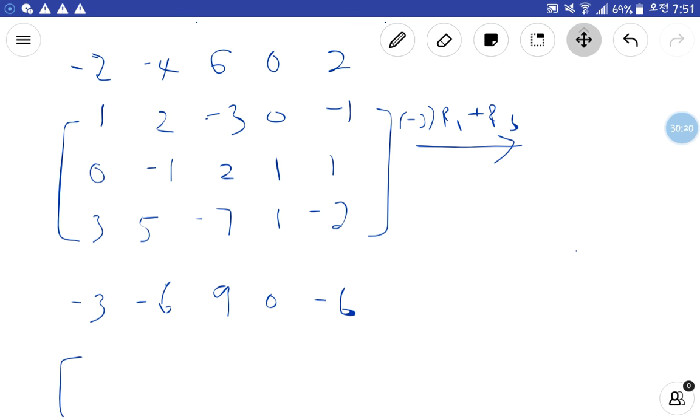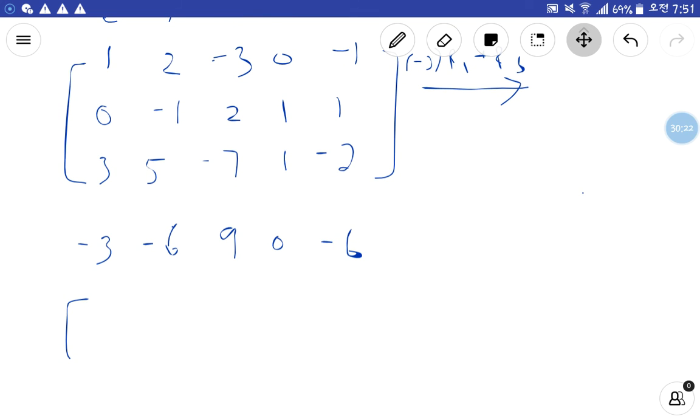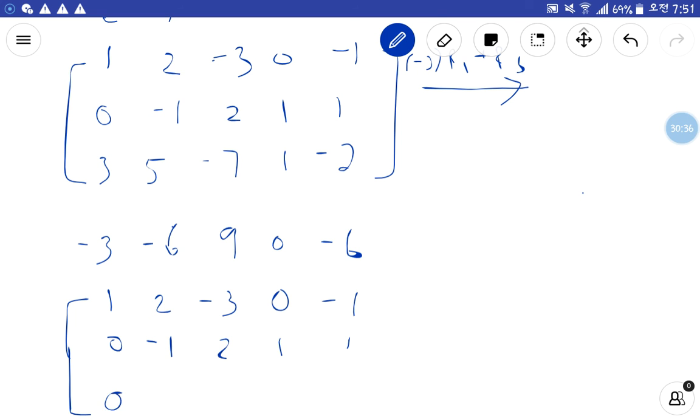You're going to keep your first row, right? 1, 2, negative 3, 0, negative 1. Second, keep it. And third, 3 plus negative 3 is 0. Negative 1, 2, 1.